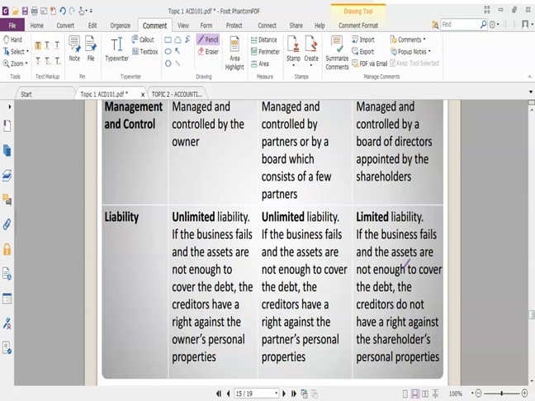They have no right to the remaining debt. Okay.